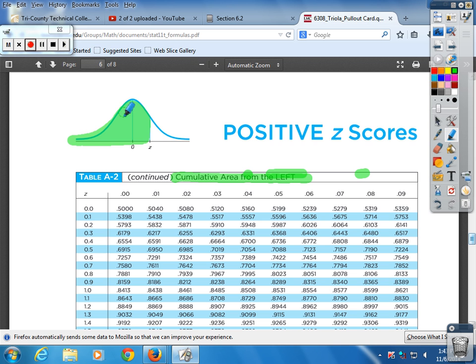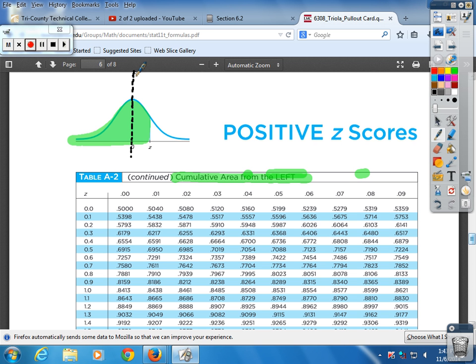Now, why is this a positive z-score? Because it is to the what? These values and these areas over here are going to be to the right of the mean, so you will read the positive z-score.